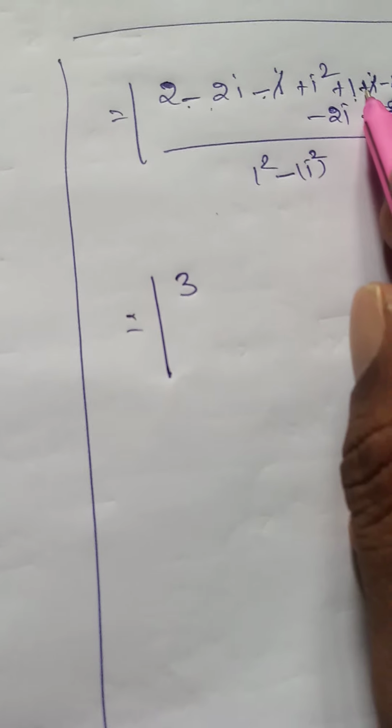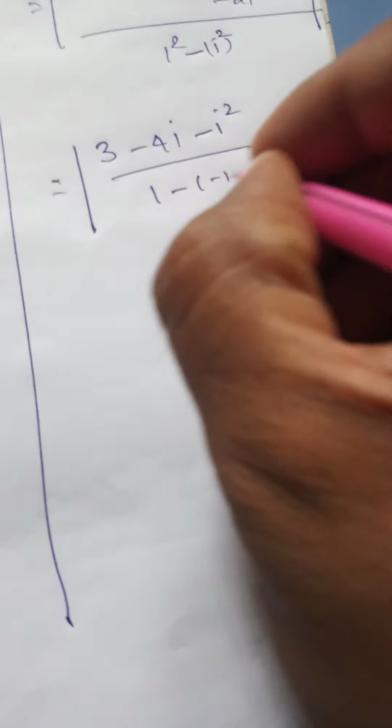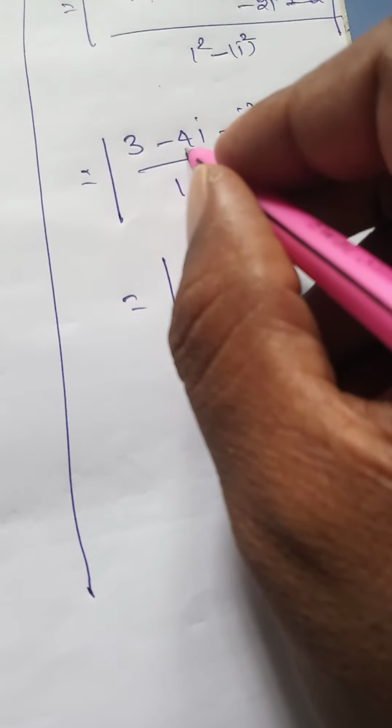Minus 2i minus 4i... Next, i squared value is minus 1: minus 2i squared becomes plus 2, divided by 1 squared is 1, minus i squared is plus 1.